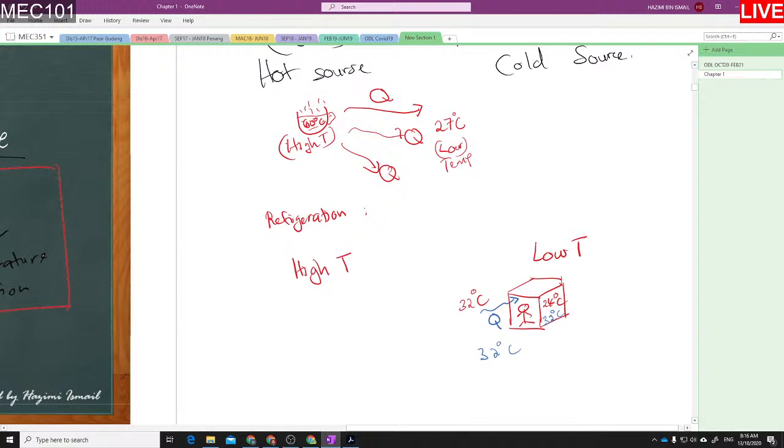You will sweat, you cannot do your job, you cannot sleep at around 32 degrees Celsius. That's why refrigeration comes in.